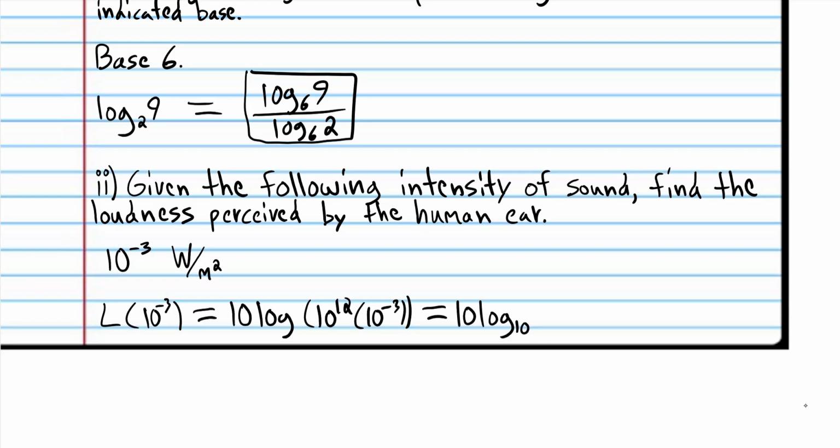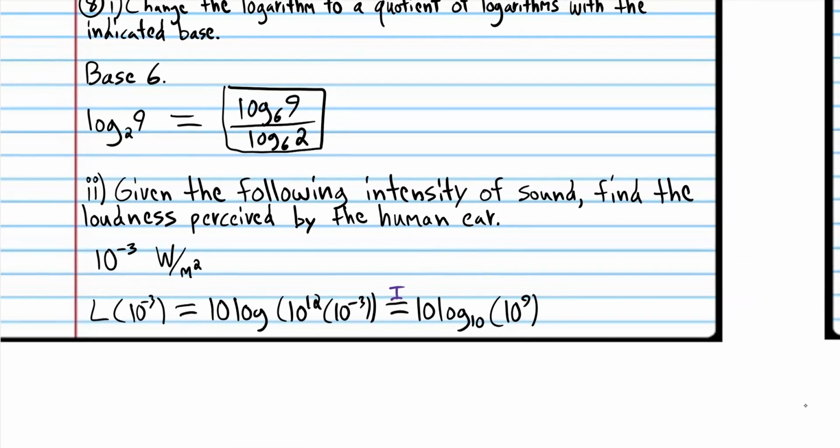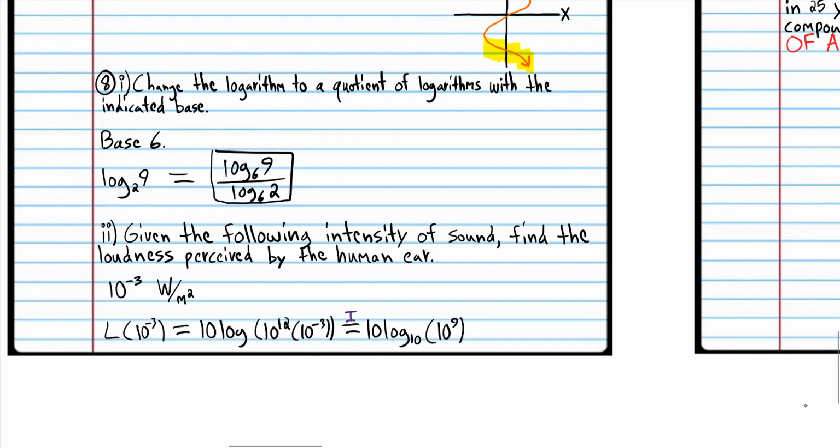Very, very important. So now we're going to use exponent rule number 1. You don't have to write the Roman numeral if you don't want to. We're going to add the exponents because we have the same base. So we have 10 to the 9th. Now we have to use our logarithm properties.